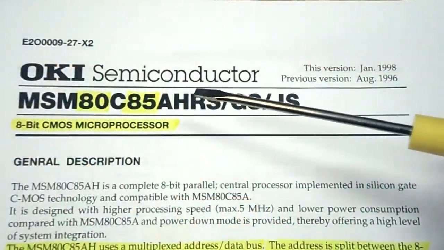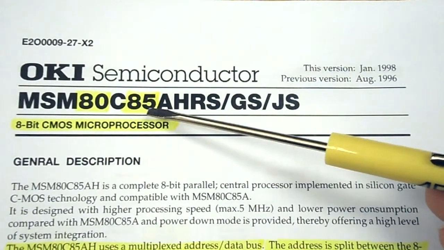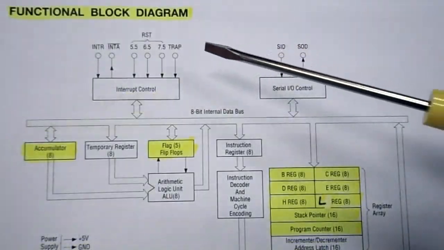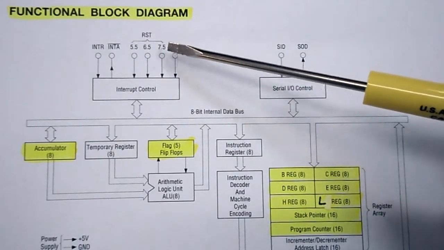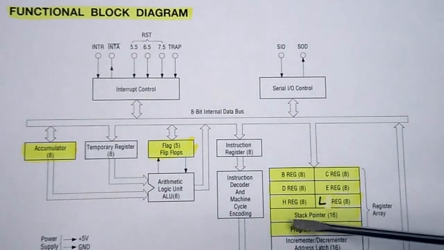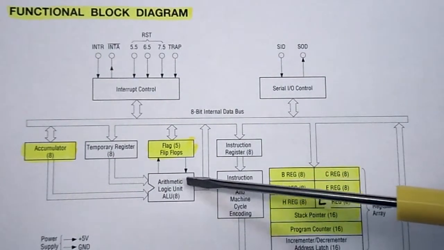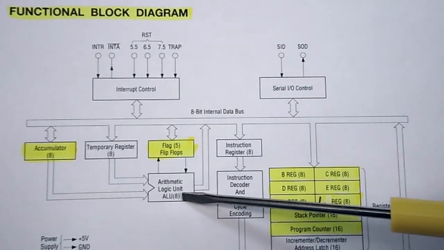So looking at the data sheet for the 80C85 that we use in our microprocessor trainer, on the second page they've given us a functional block diagram, and I've highlighted the registers that we're going to be talking about in this lesson. We have our arithmetic logic unit in the center here, and it's 8-bit wide.